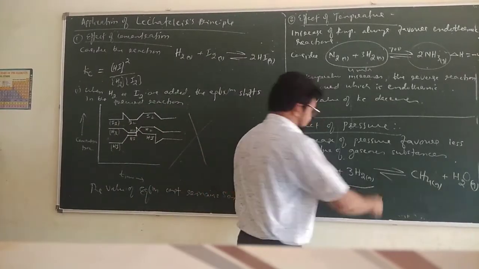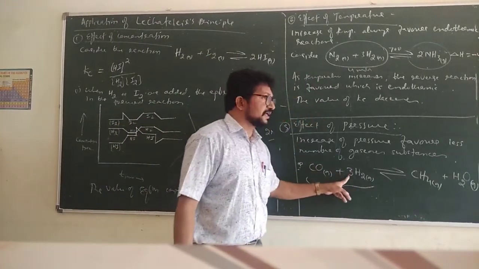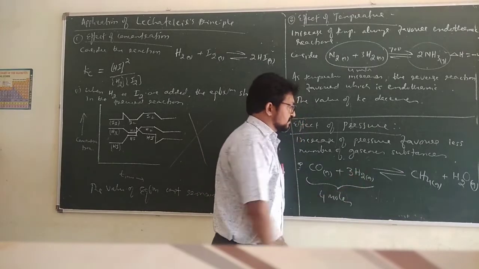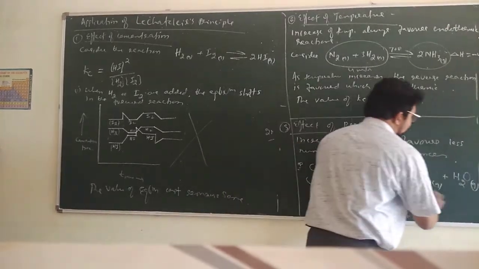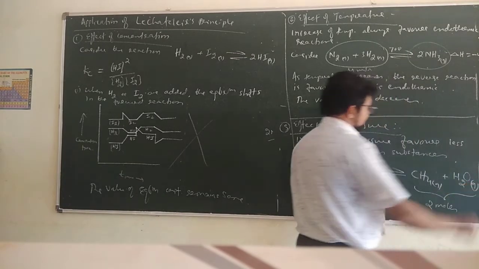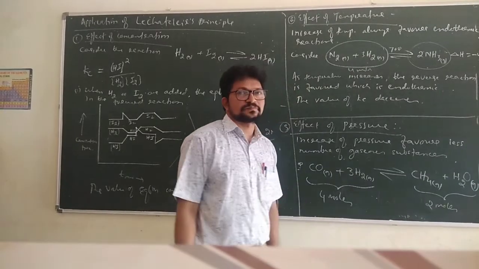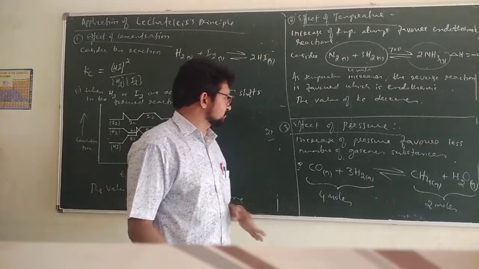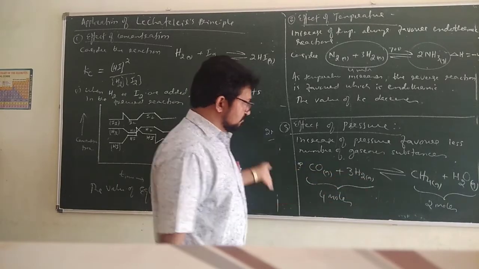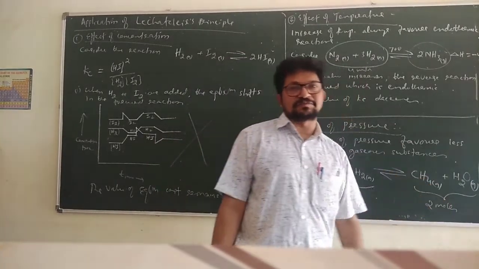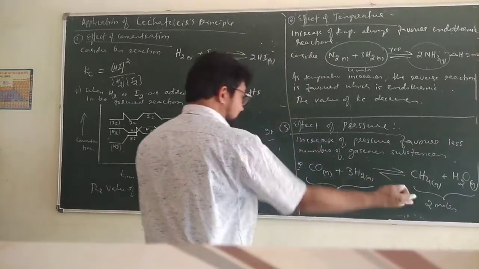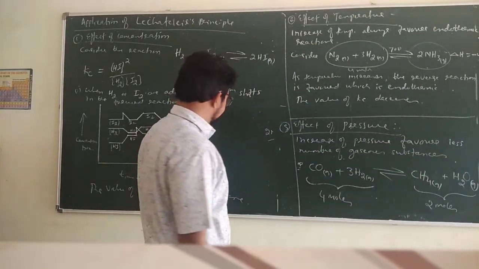Suppose you consider carbon monoxide and hydrogen, how many moles of the gases? 4 moles of the gases. Methane and water vapor, there are 2 moles. So what is the conclusion? As and when the pressure increases, forward reaction is favored, or product is favored, and decrease of pressure has the reverse effect.